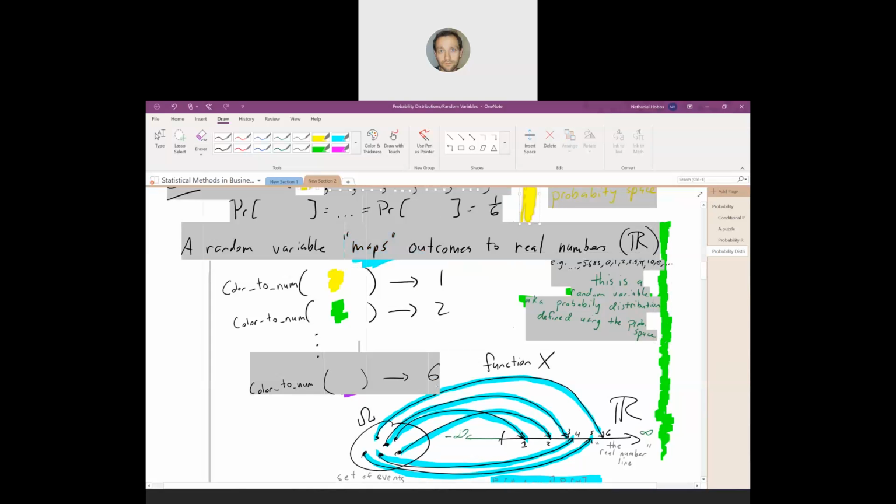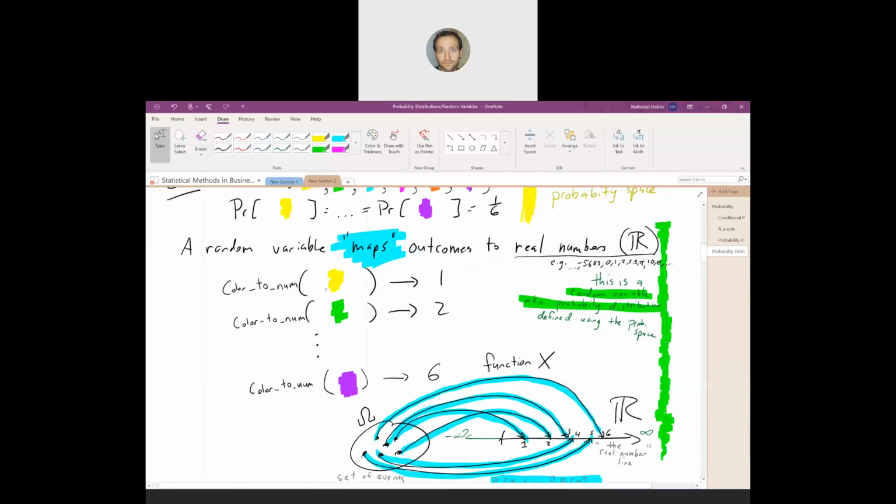So thinking about mapping events to numbers in a function kind of way, like in a programming way of thinking, it works like this.